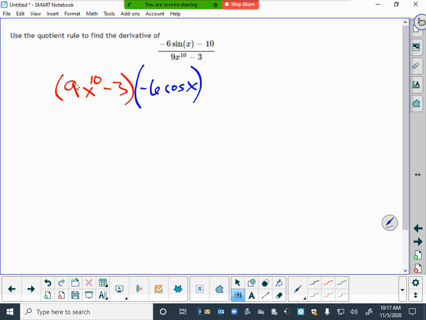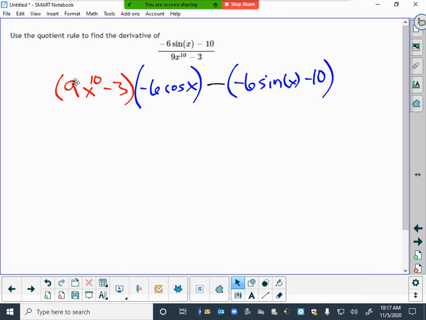So there is bottom times derivative of the top, minus the top, which is the negative 6 sine x minus 10, times the derivative of the bottom, which is going to be 90x to the 9th.